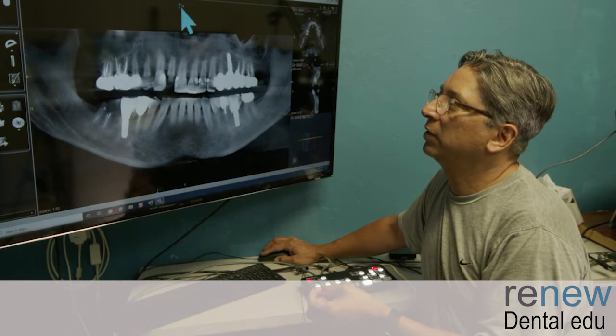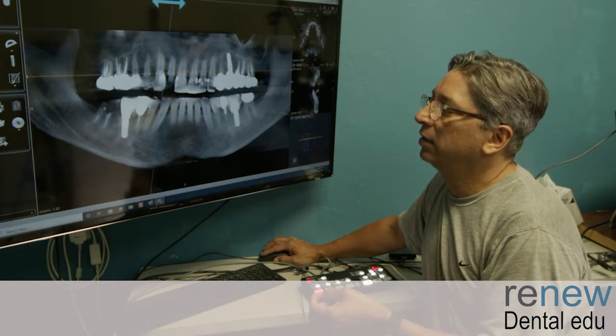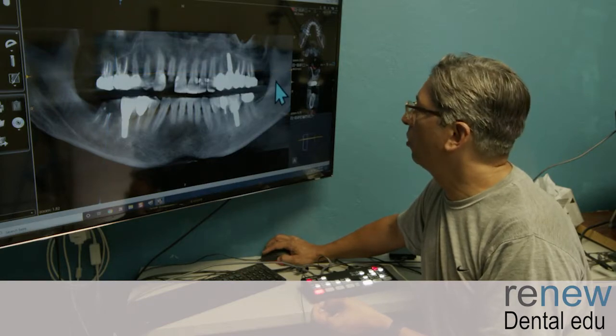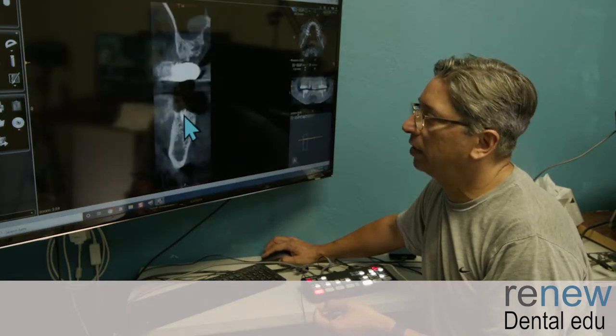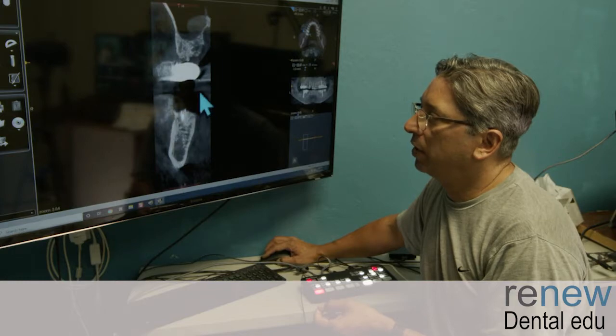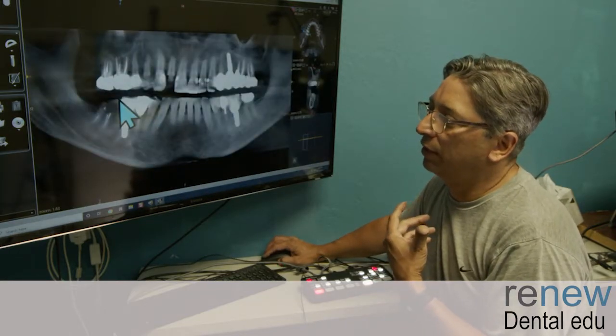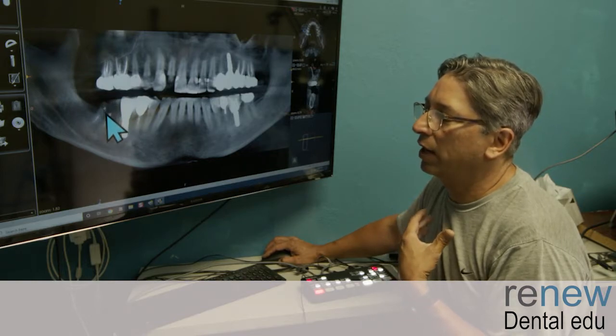This patient, I believe, has plenty of bone. Let's just look at that. So it's not a bone problem here. It's more about the prosthetic, putting the crown on. I typically don't end up with a full-size second molar crown when I do these.